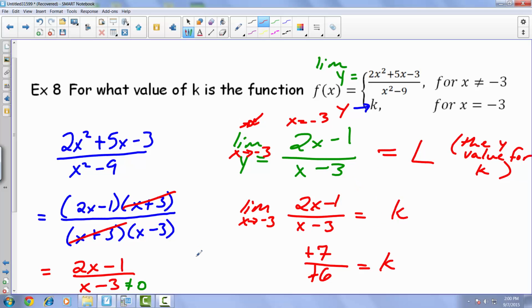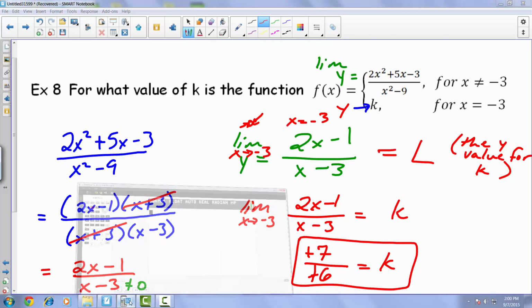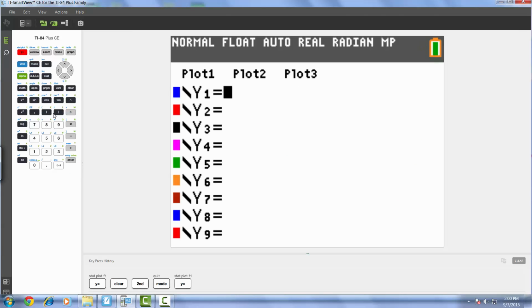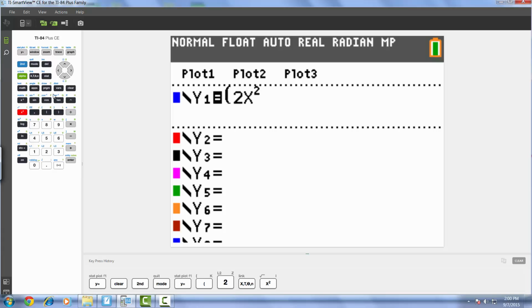Now, k had to become 7/6 for this to be continuous. I wanted to show this graphically and show you exactly what's going on here. If we go to our graph, hit y equals, on our top function we have 2x squared plus 5x minus 3 divided by x squared minus 9.